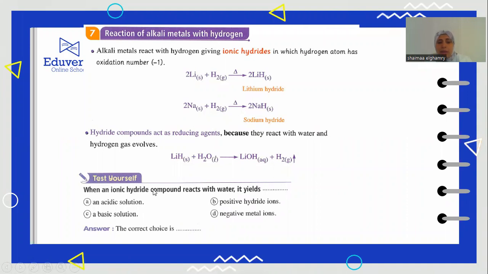When an ionic hydride compound reacts with water, what does it yield? Hydroxide, an acidic solution? No. A basic solution. For sure, it's a basic solution.